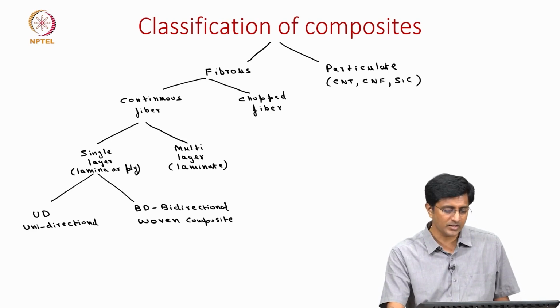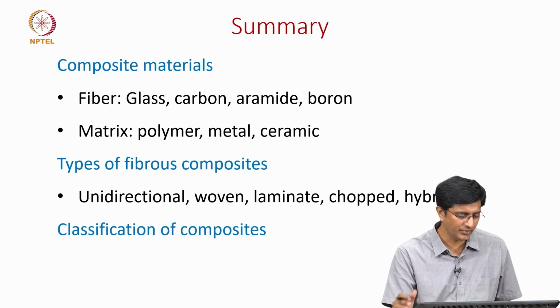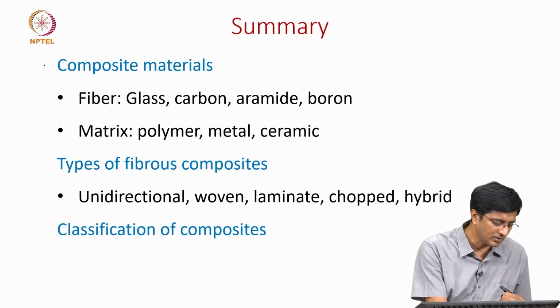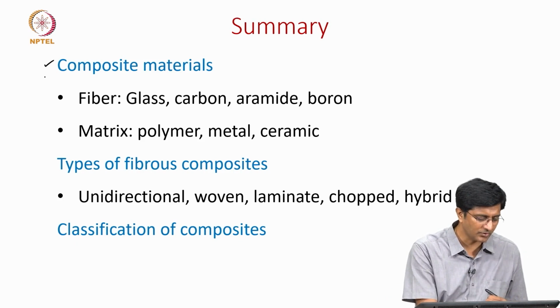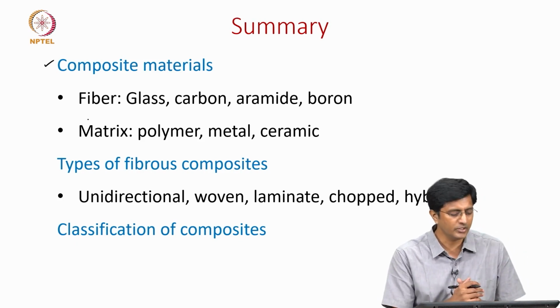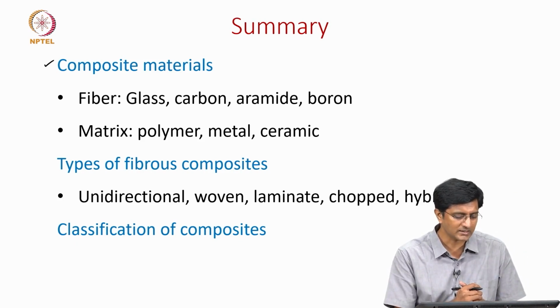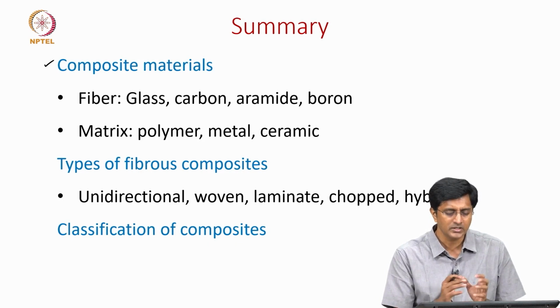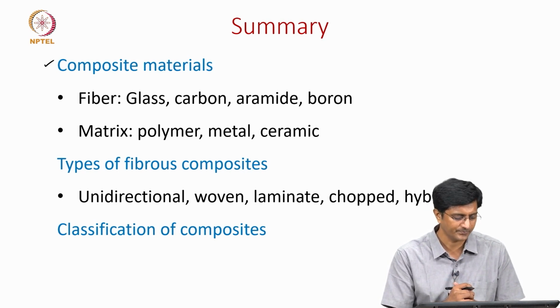Now let us summarize what we have discussed in this video. We started with composite materials, starting with fibers. The more commonly used fibers are glass, carbon and aramid. Sometimes we also use boron fibers as well as silicon carbide fibers.